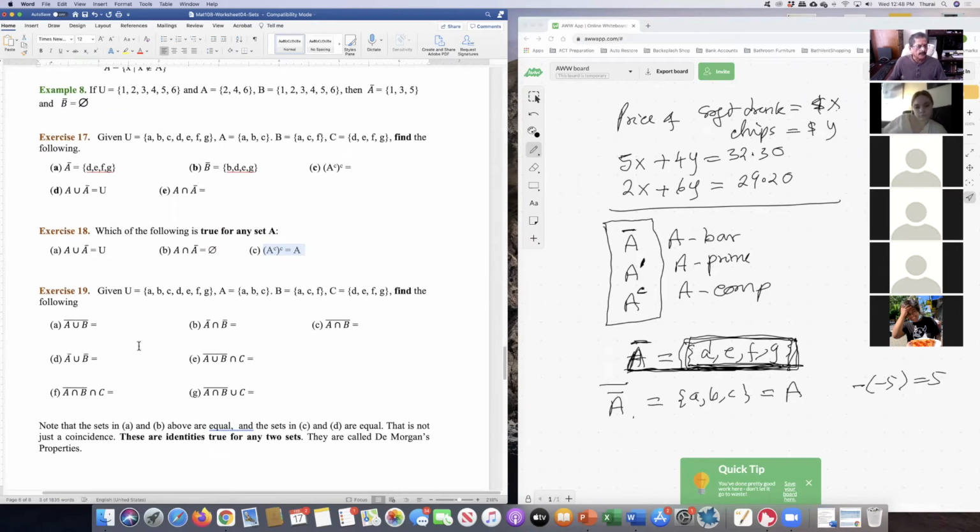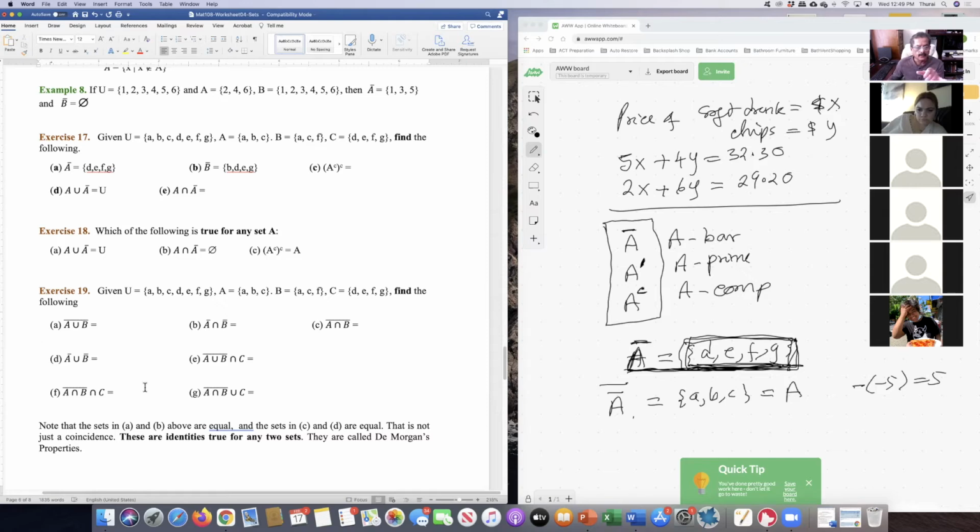Okay, now we need to do another exercise. So I want you to do them on your paper. So first part says bar on top of A union B. So that means you have to first find A union B and then find the complement.